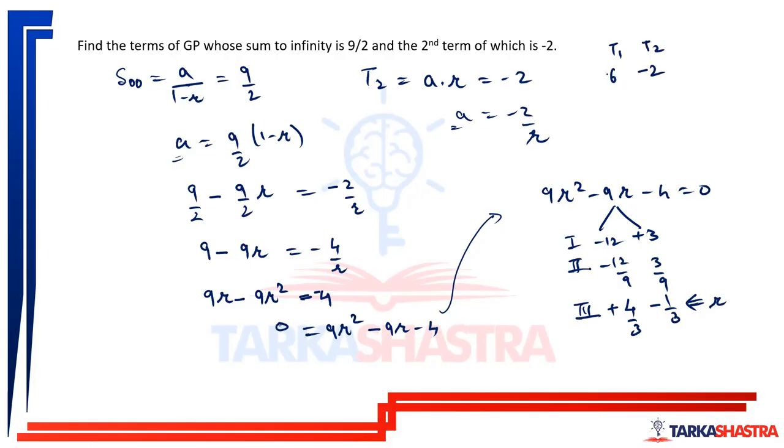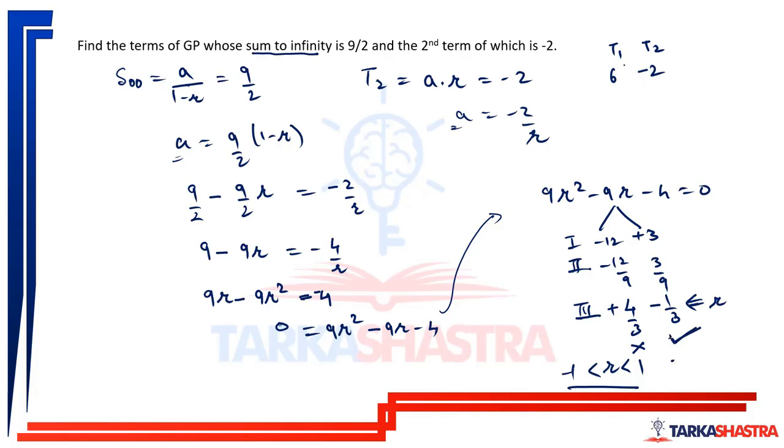Now we have to eliminate one r, and this will be the correct r. Why? Because to find the sum of infinite terms, r should be between minus 1 and positive 1. Here the r is not in that range. So this has to be my correct r, minus 1 by 3.